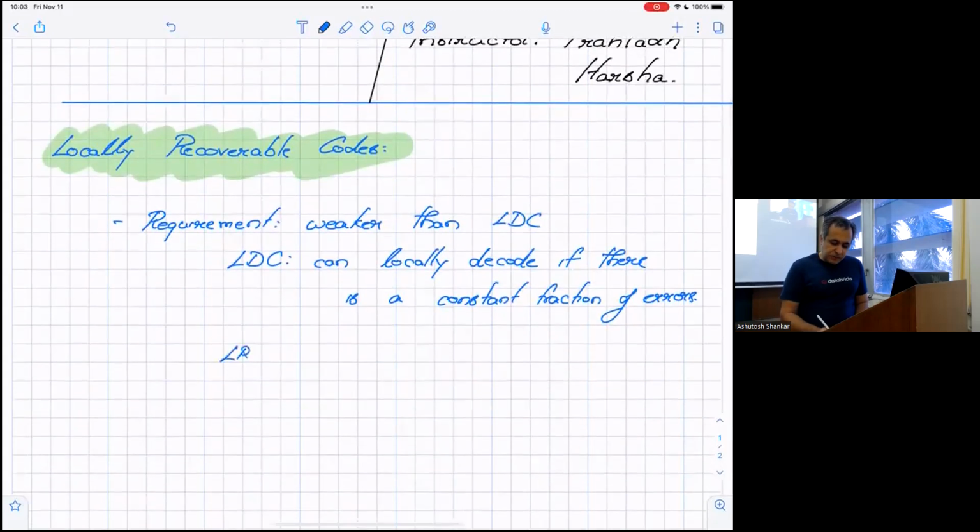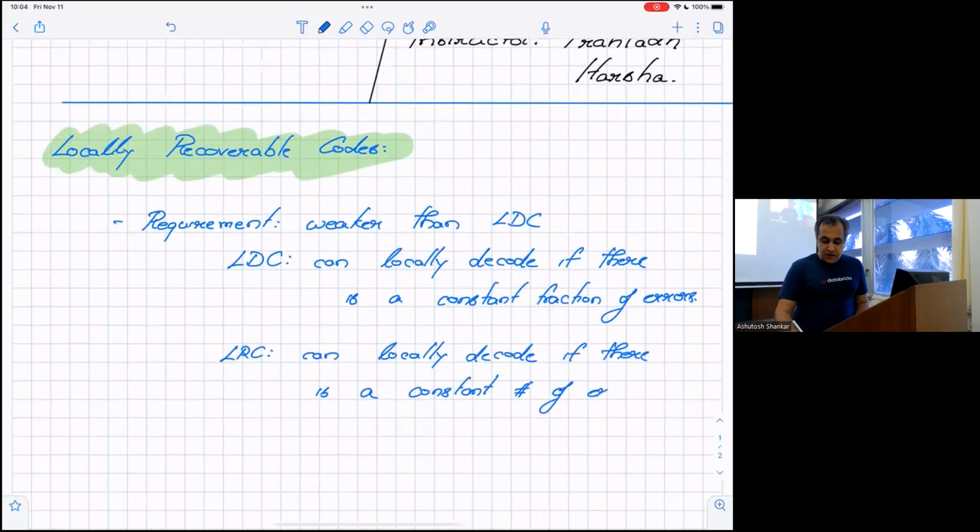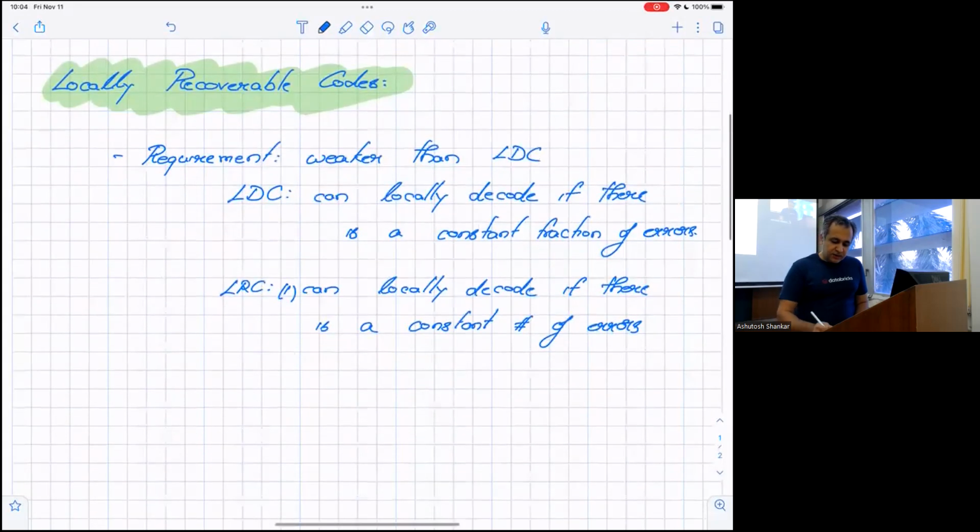An LRC can locally decode if there's a constant number of errors. But you also want to recover if there's a constant fraction. So you'll put both 1 as well as 2. You'll say if there's a constant fraction of errors, you do it globally.